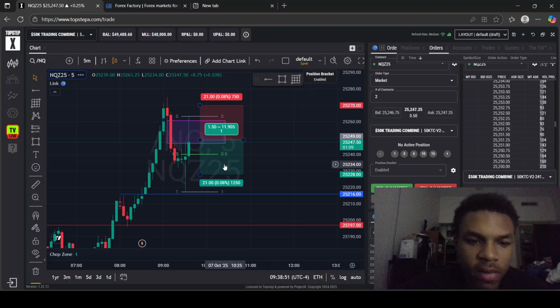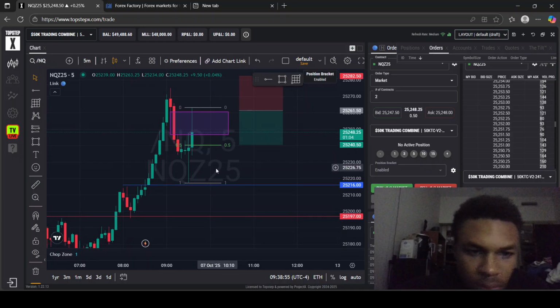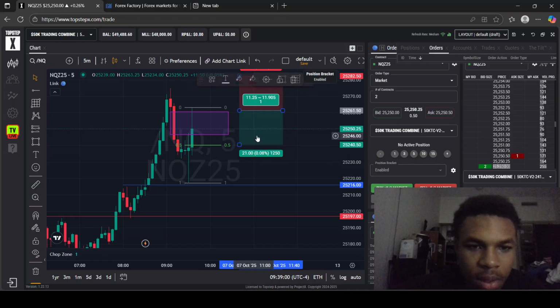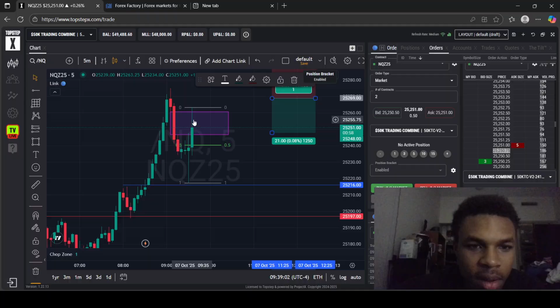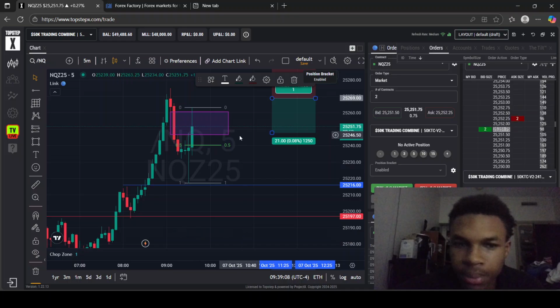I want to get the entry off in this fair value gap. If we pressure this fair value gap some more, chop it up a little bit more in there, get halfway, so my stop isn't super huge, I would be perfectly fine with that.